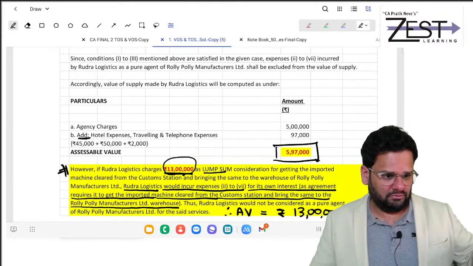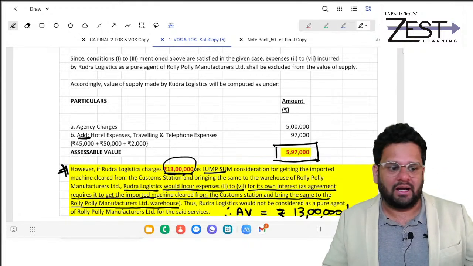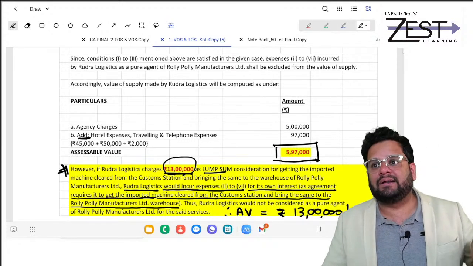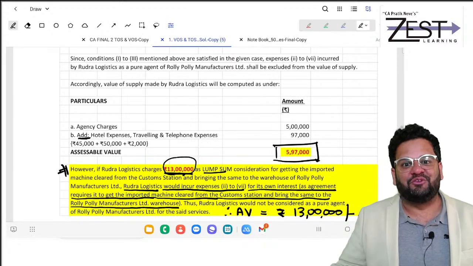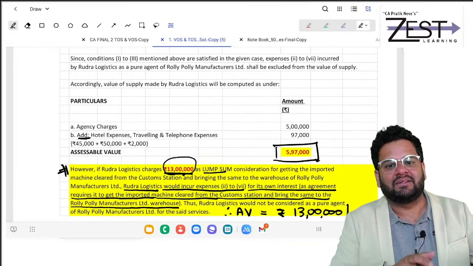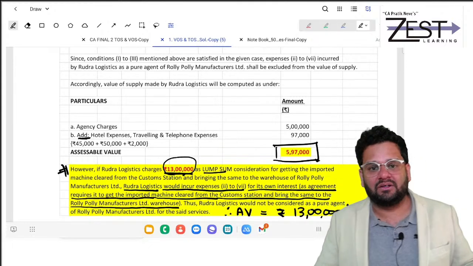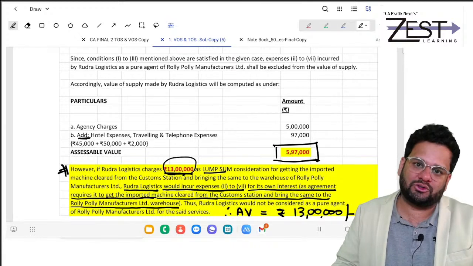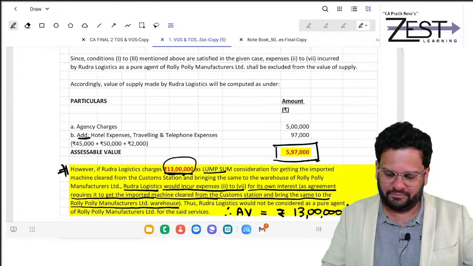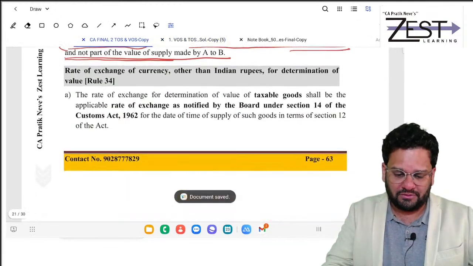I am going to do 34 immediately right now, and then in the next session we will do 27, 28, 29, 30, 31. So 27 to 31 would be the agenda for tomorrow's session. Is it clear to all of you? Can I go to 34?